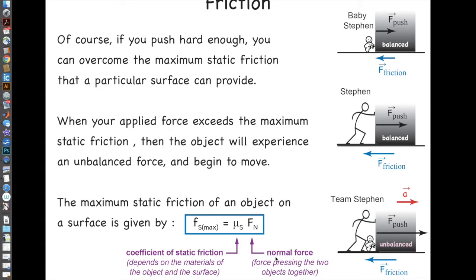That's the normal force. That's the force pressing the two objects together. In this case, it would be the force of gravity pushing down on the mass of the block. All right, so this is the maximum that static friction normally holds.